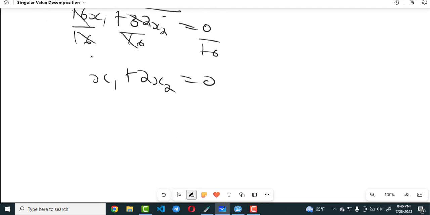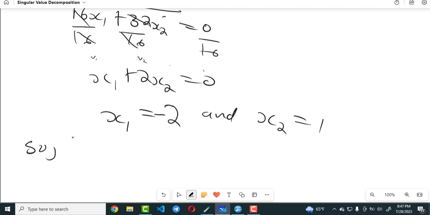This is our vector 1 value and our vector 2 value. So we can see that x1 is equal to, if this value goes to the other side, minus 2, and x2 here is equal to 1. So now our vector 1 is equal to minus 2 and 1.